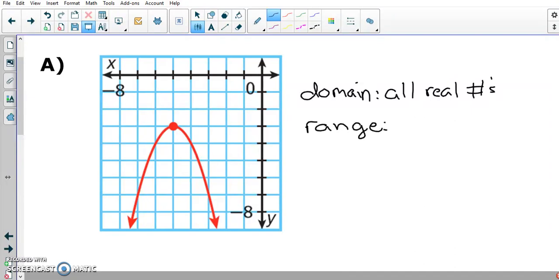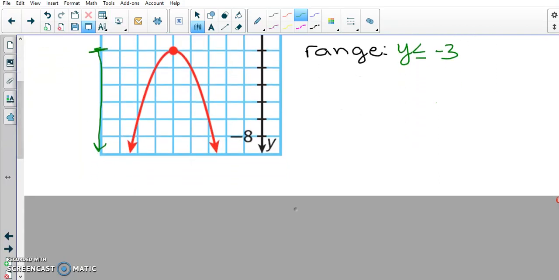Okay, the y values, you think vertical, so you think up and down. So it doesn't go all the way up, but it does go all the way down. So, it starts at this value here and goes all the way down. Well, what y value is that? That y value is -3. So we say y is less than or equal to -3.